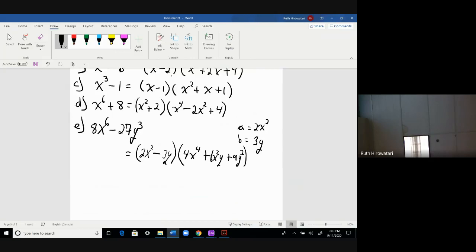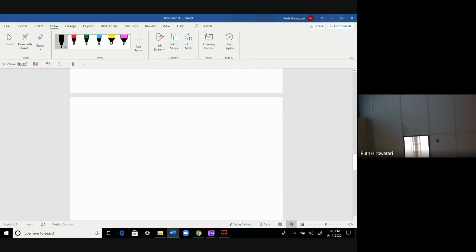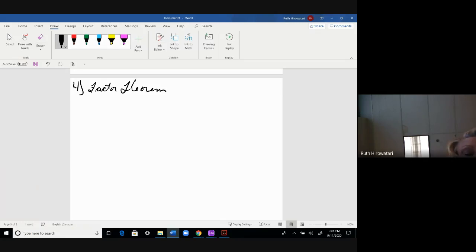Let's remind you of the factor theorem. Here is point 4, factor theorem. This is so complicated to write. A polynomial, and we'll call that polynomial p of x, so the function p is the polynomial function and the variable is x.